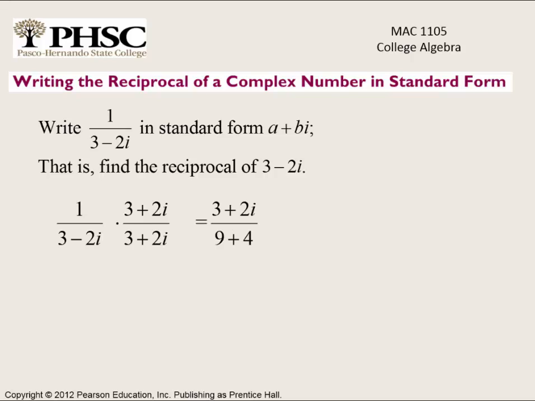If we multiply that out, we end up with 3 plus 2i over 9 plus 4. Remember, if I multiply a complex number times its complex conjugate, I get a real number. That's how we end up with 9 plus 4. And then we end up with 3 plus 2i over 13, and then we have to write that in standard form. So the a part is 3 over 13, and the b part is 2 over 13.